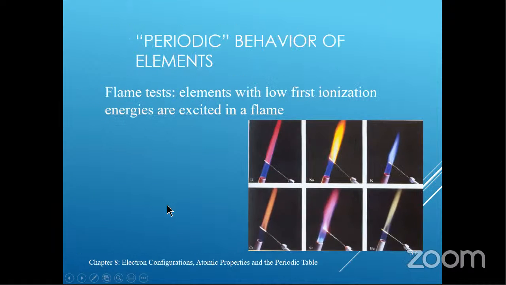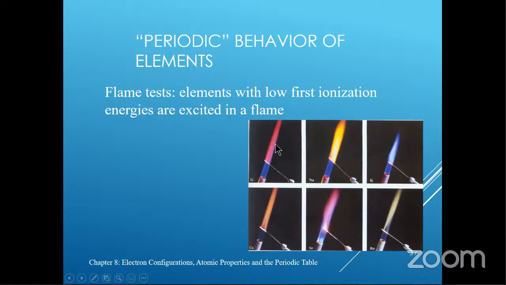And then what this is showing you is a kind of test that you can use to determine the presence of certain metals, especially those with low first ionization energies. Basically, and this would be an experiment that I would do in a normal lab, where you take what we call a nichrome wire, which is basically an alloy of nickel and chromium, and you dip it in a solution containing the ion, and then you put that wire in the flame, in a Bunsen flame, and the different colors will tell you what ions are present in the solution.